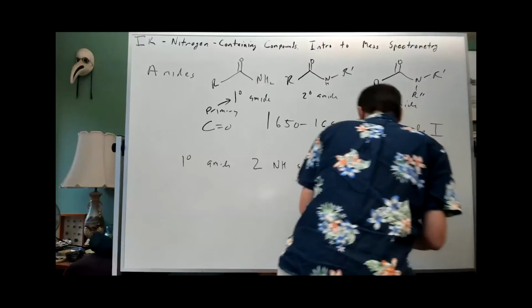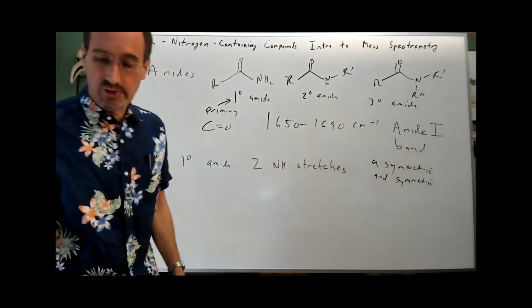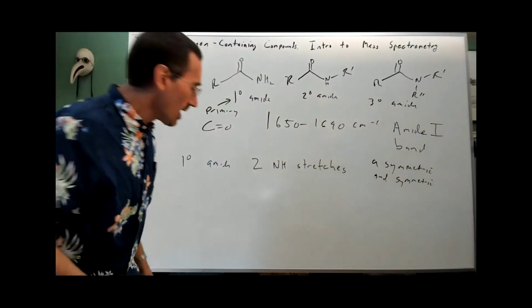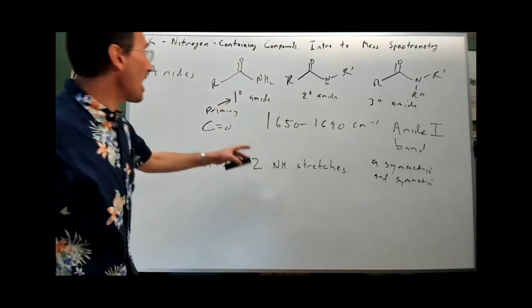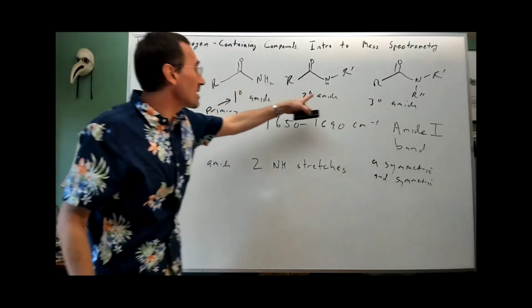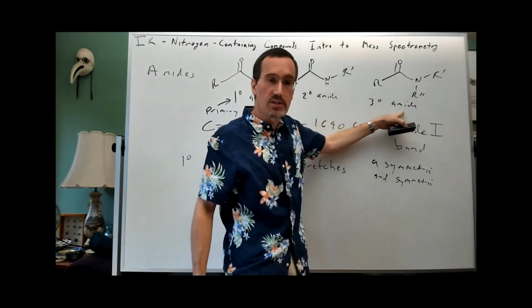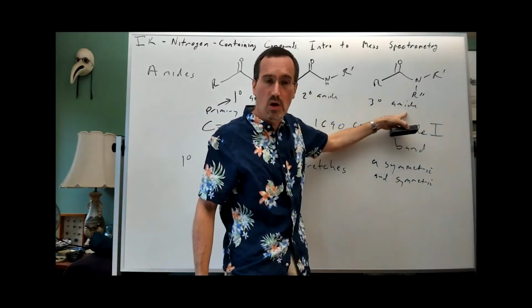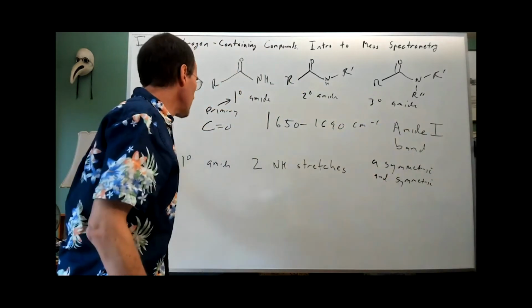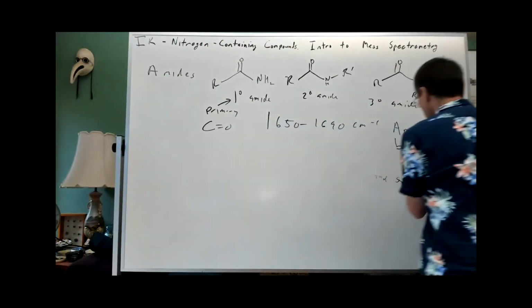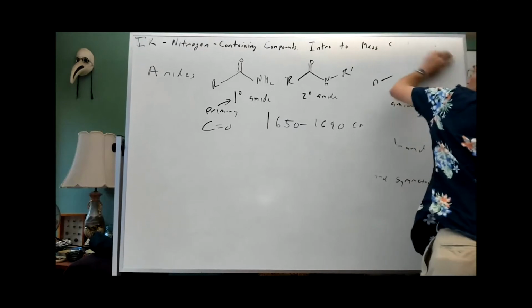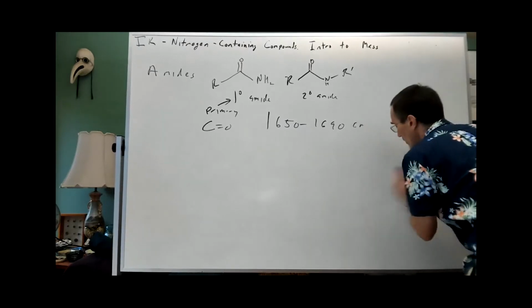So that's the whole feature of coupled vibrations. And so those, if you have a primary amide, and we'll take a look at secondary amides in a moment. Of course, tertiary amides don't have an NH stretch at all. But those are pretty distinct, and they show up in that region above 3,000 wave numbers.